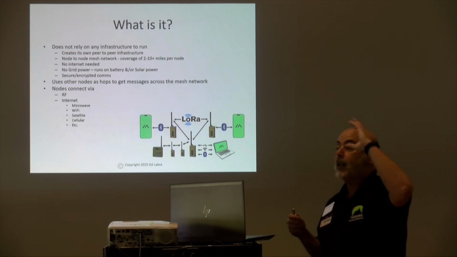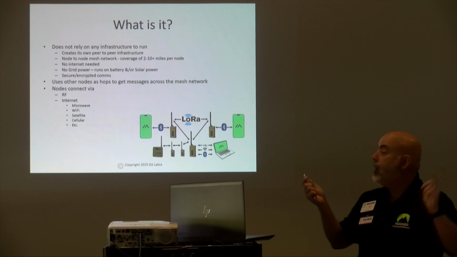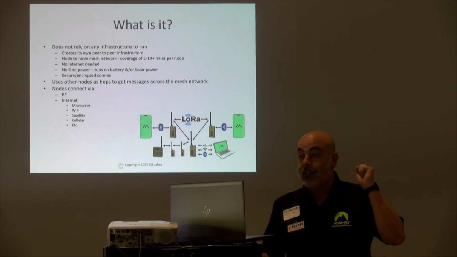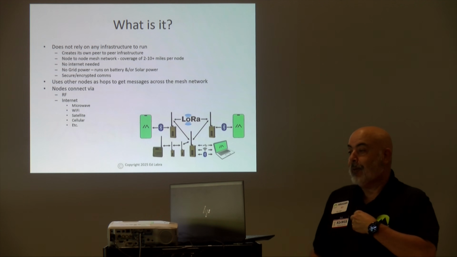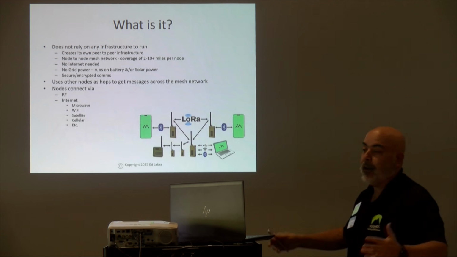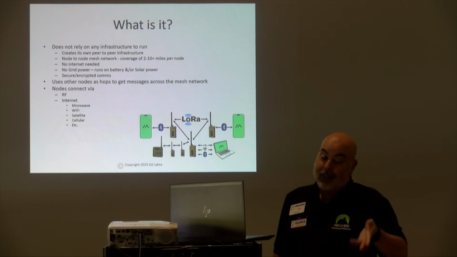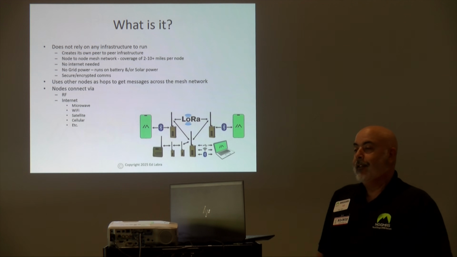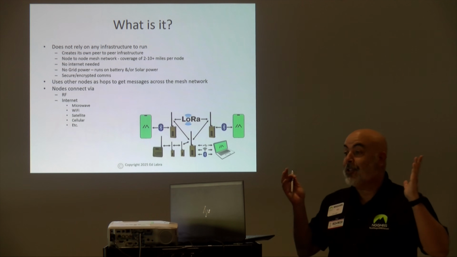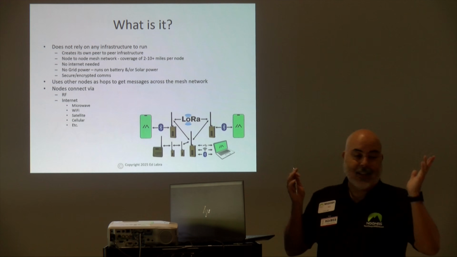Coverage, again, depends on the height, depends on the terrain, but anywhere from 2 to 10 plus miles. And I say 10 plus because put it on top of Lavender Mountain or Mount Alto, you're going to see 20, 30 miles or more. If you haven't seen them already, once you set up your node, there's a long fast channel that is like channel 19 for CB, if you remember that. Everybody's on there.